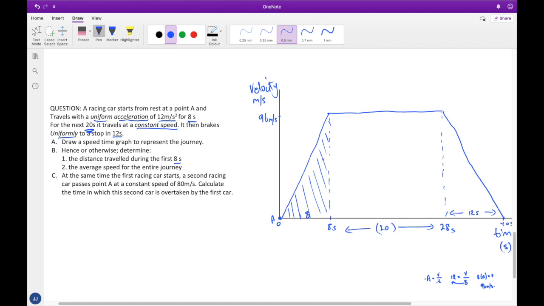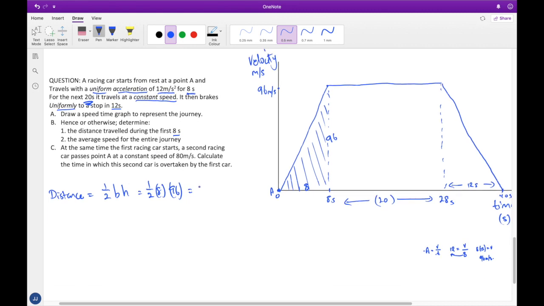We could see that the height we could take at 96. And so that'll be the area of a triangle. So the distance equals a half base times the height, which is a half of 8 times 96. So that distance gives us 384 meters.